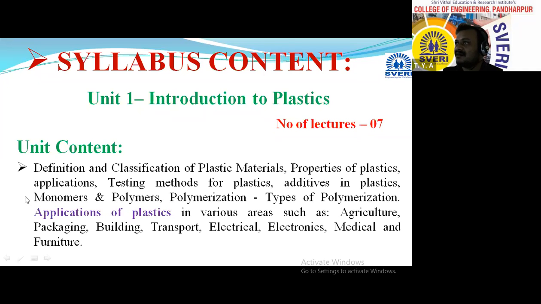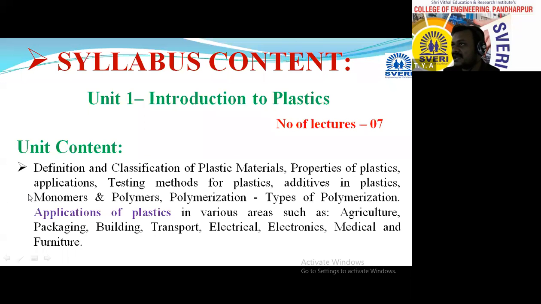Then we are going to discuss this very important part, polymerization. What is the meaning of polymerization? And to understand this polymerization process, you require the knowledge related to this: what is the meaning of monomer, then what is the meaning of polymer?